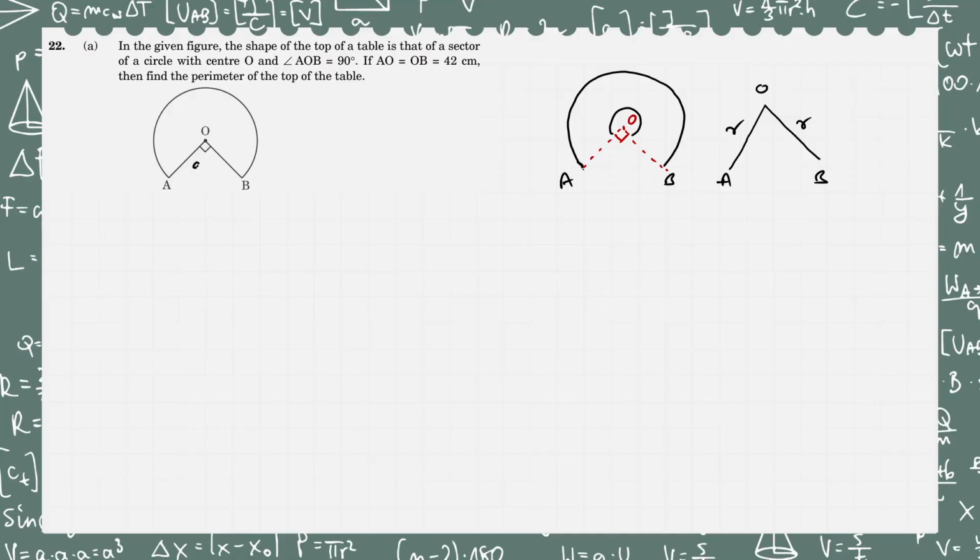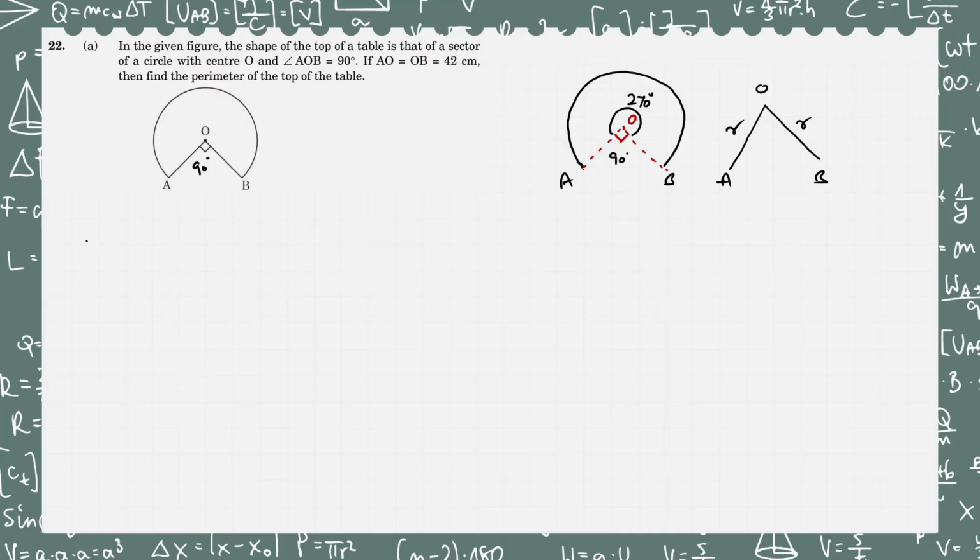So this side is 90 degrees. So the other side will be 360 minus 90, which is 270 degrees, isn't it? So I need to find the length of the major arc which subtends 270 degrees at the center of the circle. And then after finding that arc length, I need to add 2 times the radius, and that will give me the entire perimeter of the table.